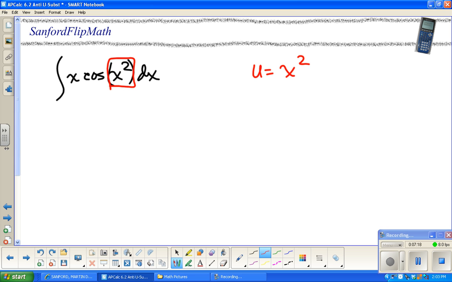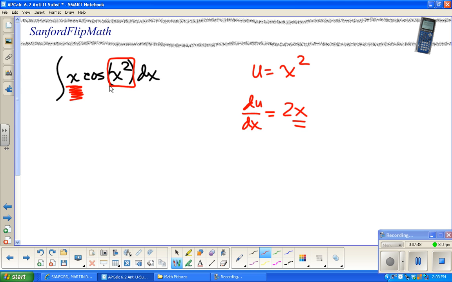The other thing you need to notice is that when I do du dx, that's 2x, and notice how the derivative of the inside is kind of here. Technically, it's not 2x out there, it's just x, but the 2 I can handle. The 2 is just a constant multiplier, a factor that can be multiplied or divided as I need to. But the heart of 2x is there.